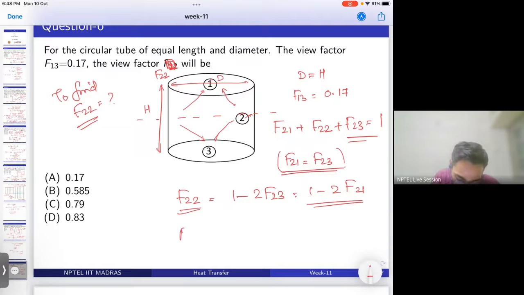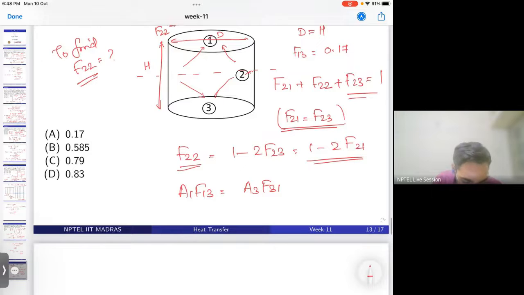So A1 F13 will be equal to A3 F31, right?